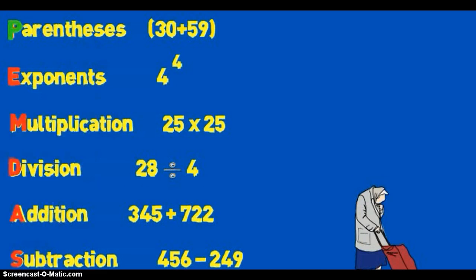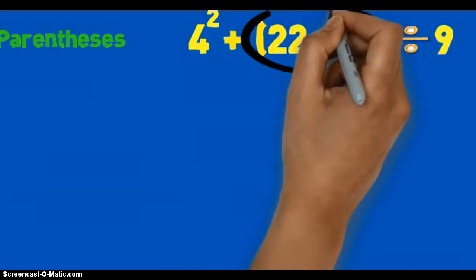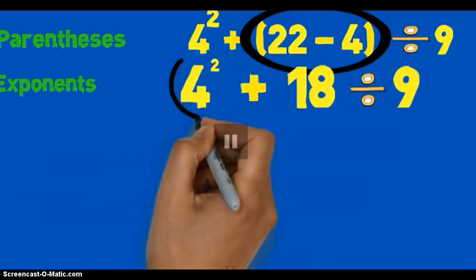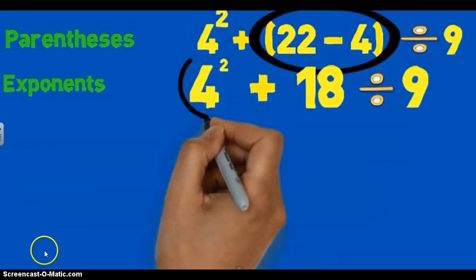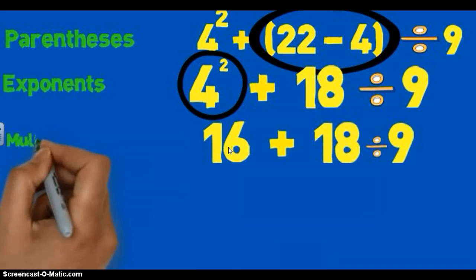P for parentheses, E for exponents, M multiply, D divide. A for adding, S for subtracting. Use this order to help you decide. And please excuse my dear Aunt Sally, sometimes she gets a little confused.